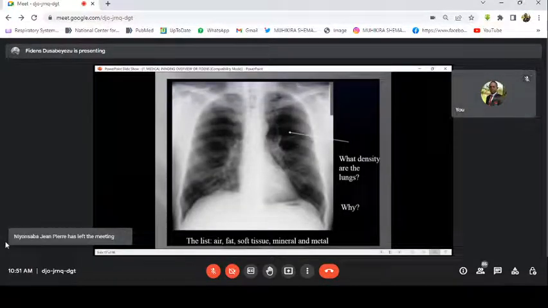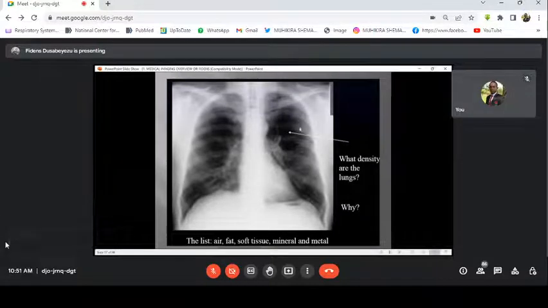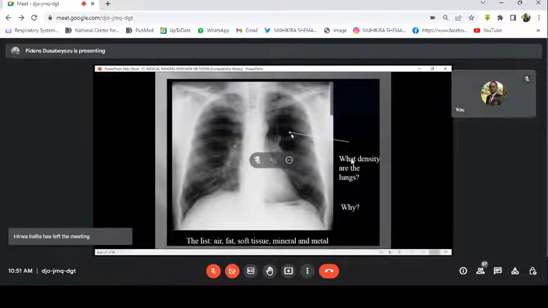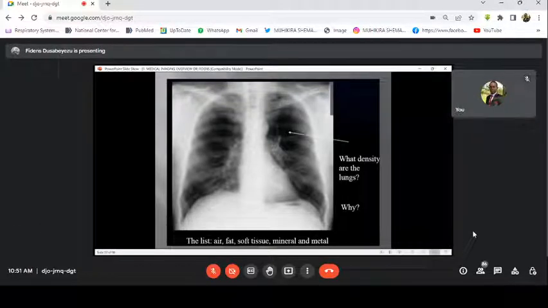We come back now to the density. What do you think this density is here? This is a chest radiograph, chest film. Yeah, air. Why do you say this? This is air. Why? It's black. The film is black. So what happened when you are taking this image?